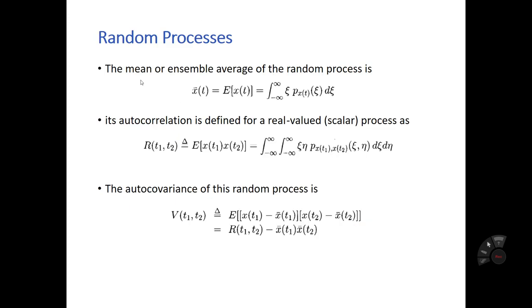Now the mean, or ensemble average, of the random process. Here we calculate the mean value of the random process like this one. Its autocorrelation is defined for a real-valued scalar process as this one, and this is the autocovariance.